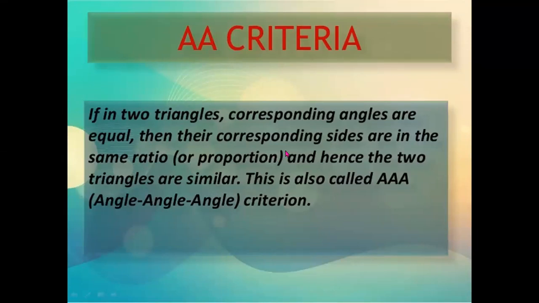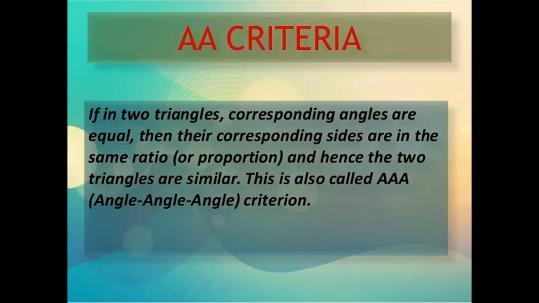Okay, Shukun, you read the AA criteria, or angle to angle criteria. If two triangles' corresponding angles are equal, then the corresponding sides are in the same ratio or proportion, and hence the two triangles are similar.